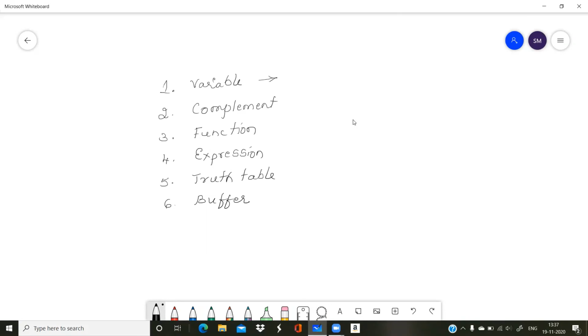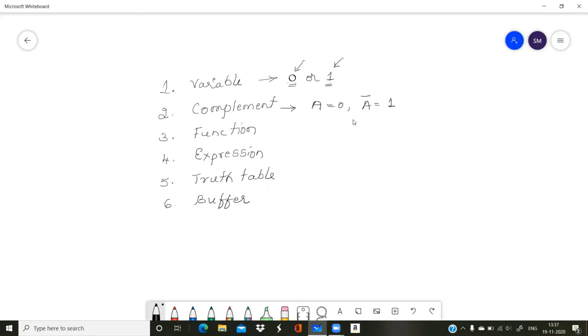A variable is nothing but 0 or 1. Any Boolean variable which has a value of 0 or 1 is called a variable. Complement is nothing but the original value inverted. If A is equal to 0, then A complement is equal to 1, its inverted value.